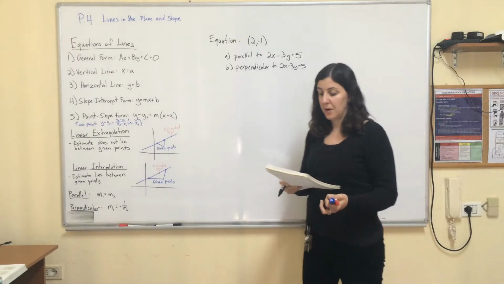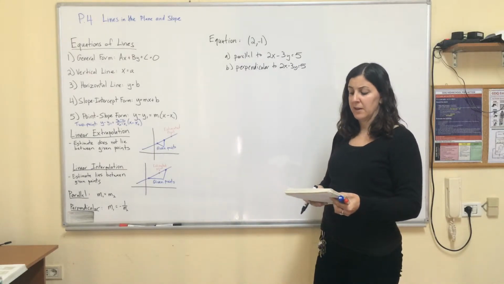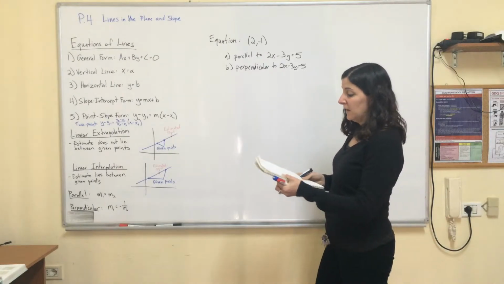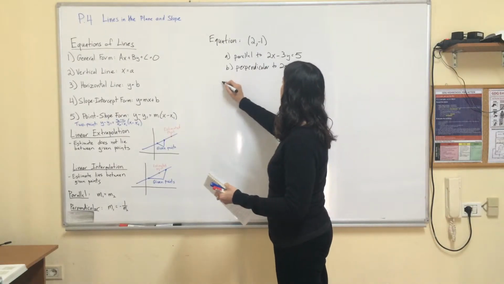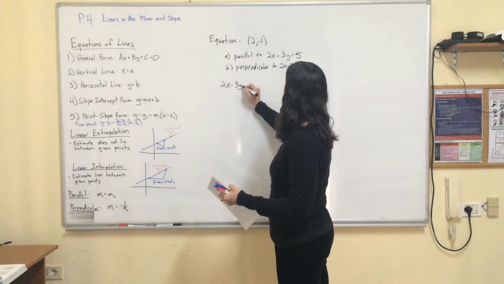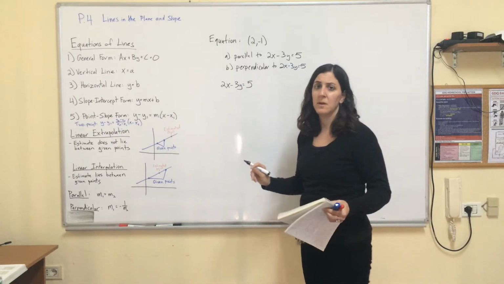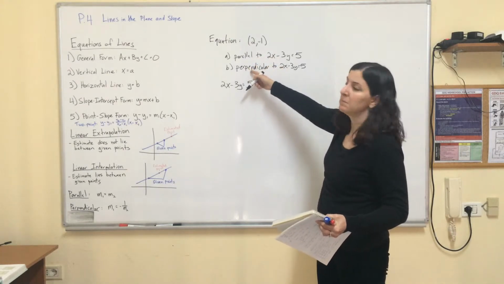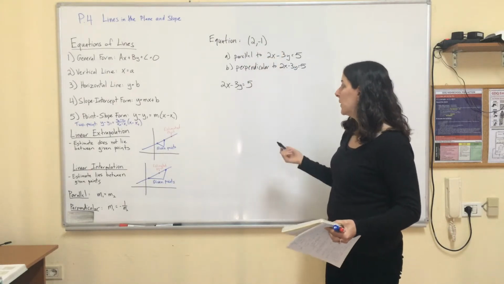Okay, so first thing we can do is figure out what the slope of this line is, because we'll need that for the parallel and perpendicular, and then they gave you the point.